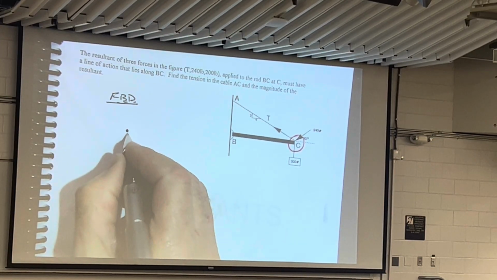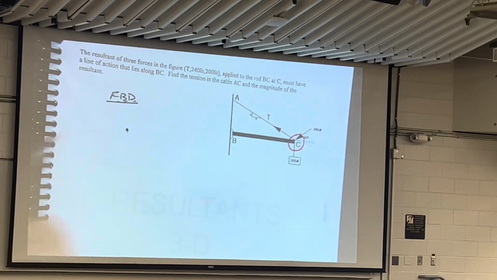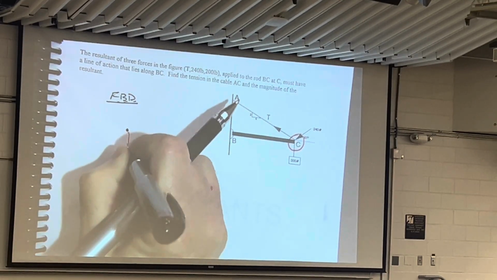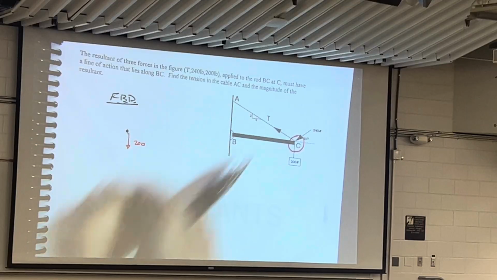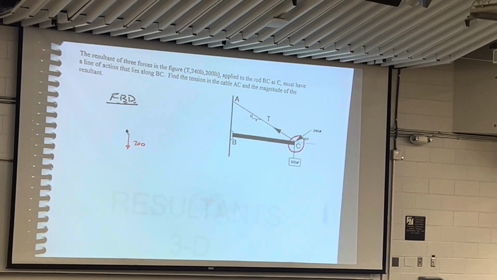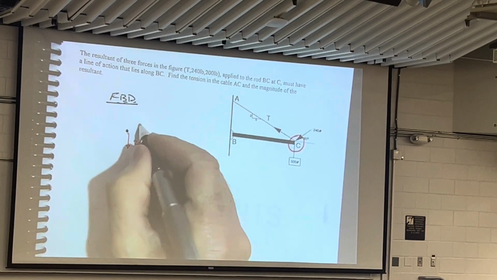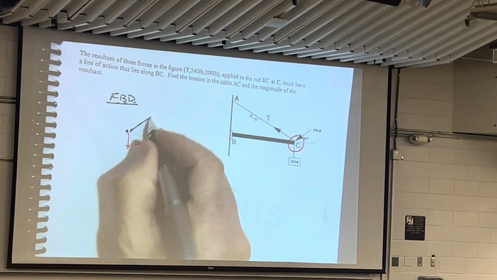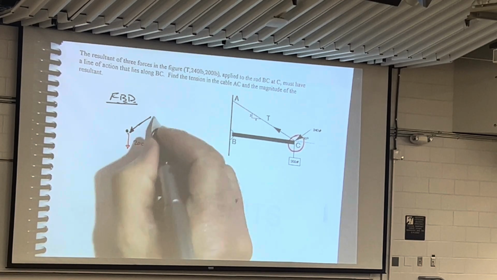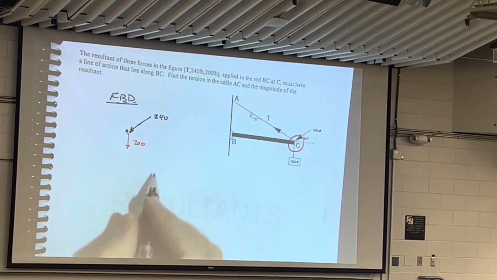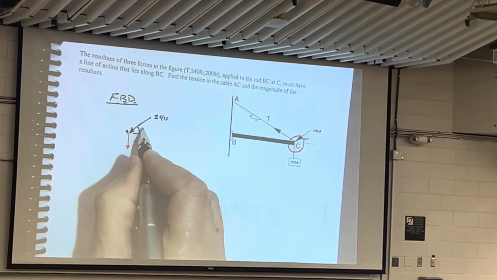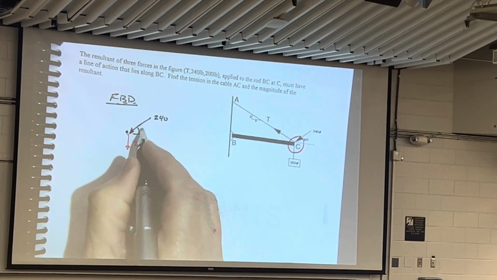This is point C. I have 200 pounds from the block. I have 240 from the applied load. This angle is 30 degrees.